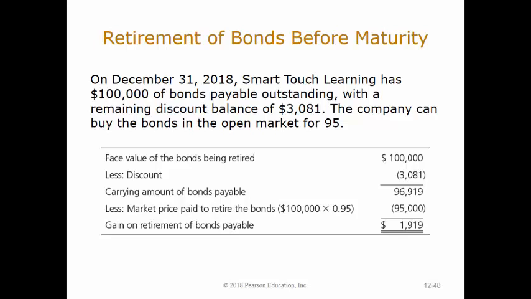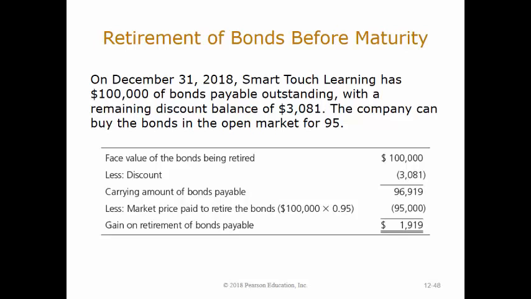Lower interest rates have convinced management to pay off these bonds now. These bonds are callable at $100. If the market price of the bonds is $95, should Smart Touch Learning call the bonds at $100 or purchase them in the open market at $95? The market price is lower than the call price, so Smart Touch Learning should buy the bonds on the open market at their market price.